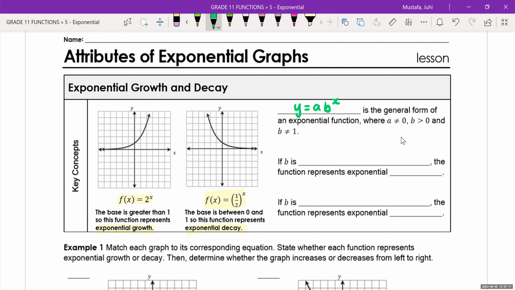If b is greater than 1, the function represents exponential growth. And if b is between 0 and 1, then that is exponential decay.